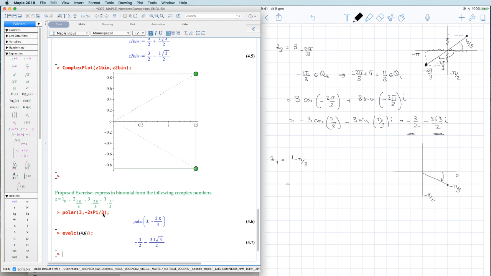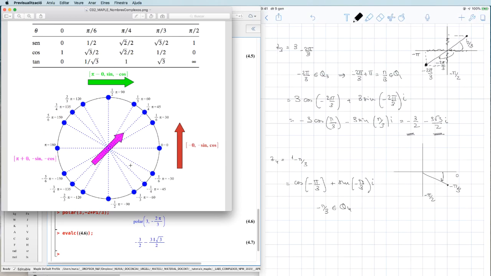When I apply the formula, I would get cosine of minus pi over 3 plus sine of minus pi over 3 i. But minus pi over 3 is not on the table because it's in the fourth quadrant. So remember that if we are in the fourth quadrant, we need to change the sign. So I'm going to consider the same angle but change its sign.